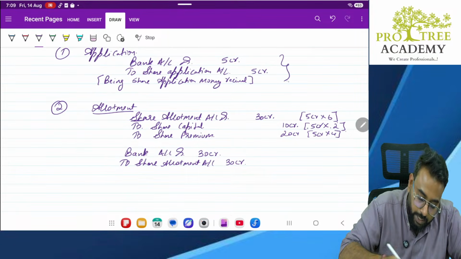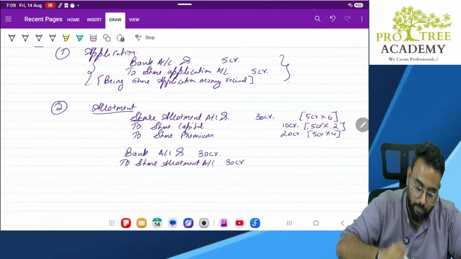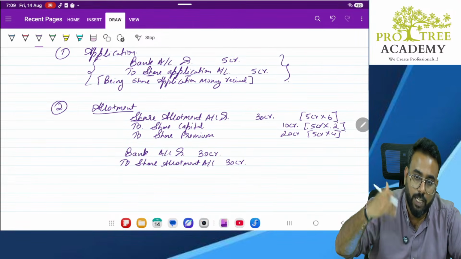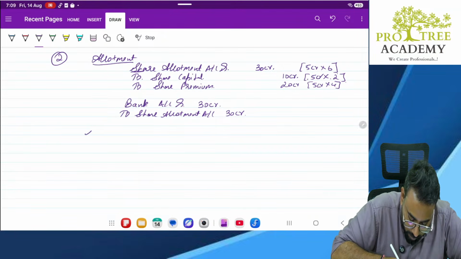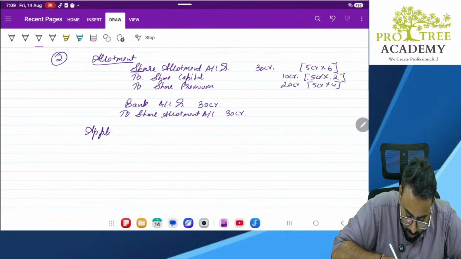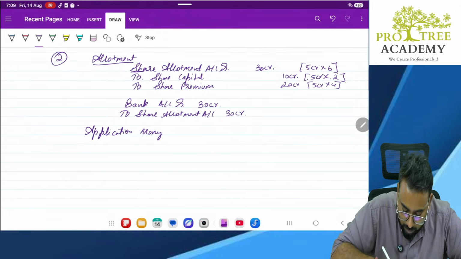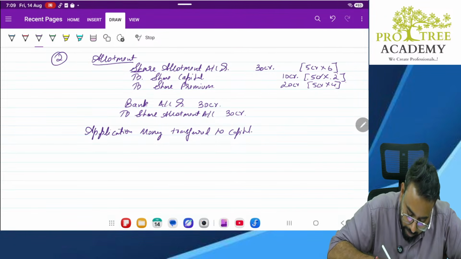Earlier, when we received the share application money, we did not transfer it to share capital. We have only kept it under the share application account. Now we need to transfer it to capital. Application money transferred to capital. So what is the entry?